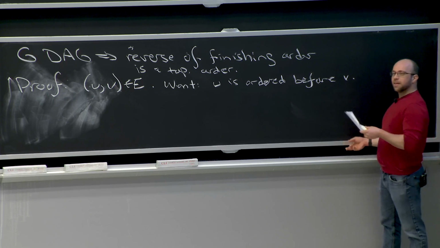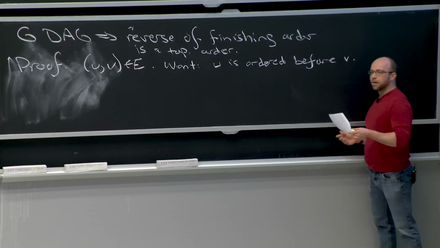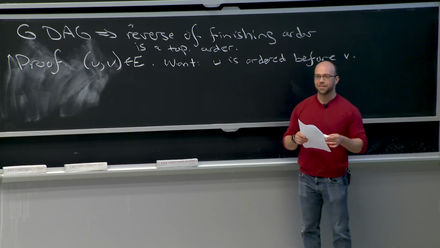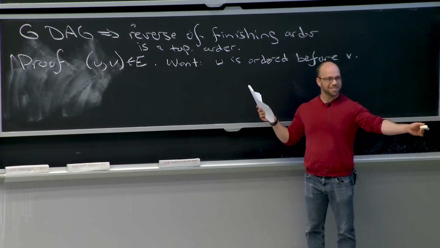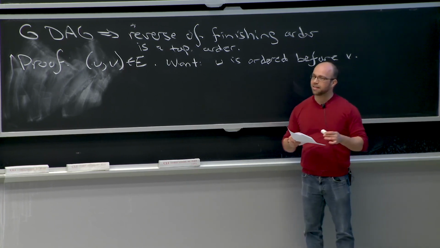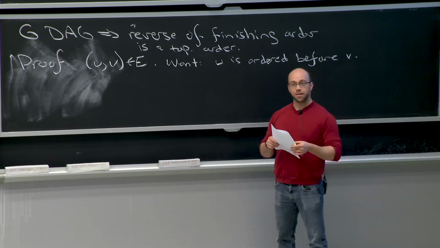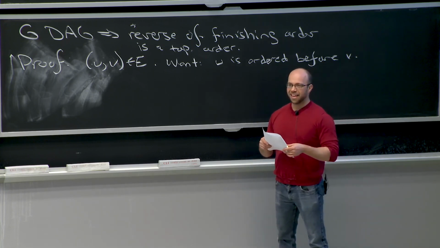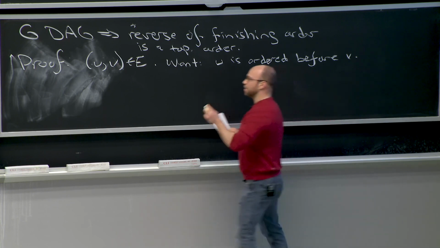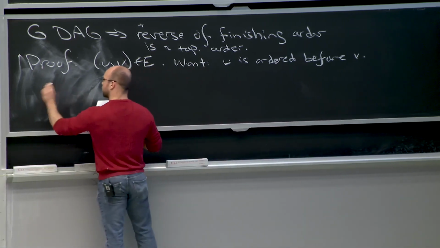Okay? So let's think back to our call to the DFS algorithm. Remember, we call this visit function, right? So we have two cases: either U is visited before V, or it isn't. So let's do those two cases.